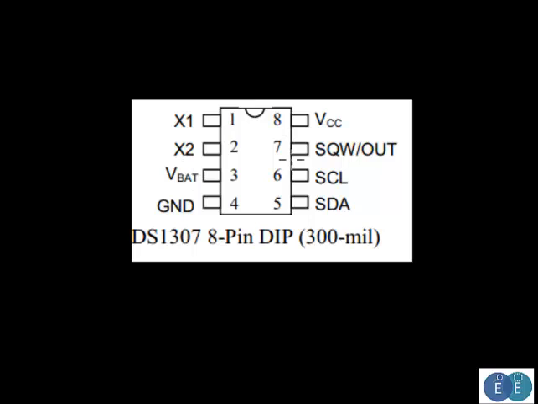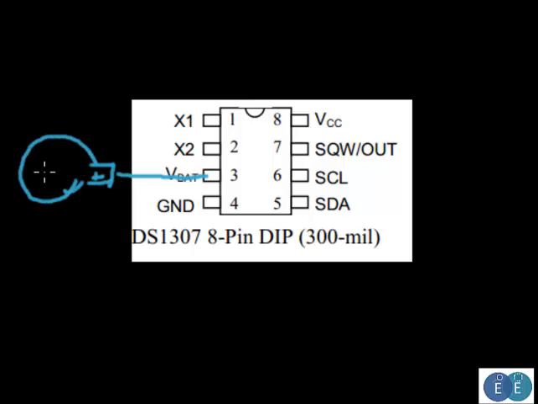Now, this is how the DS1307 looks. So we have the ground and VCC pins, and there is a pin for the battery. Here you can connect a coin cell, a CR2032.